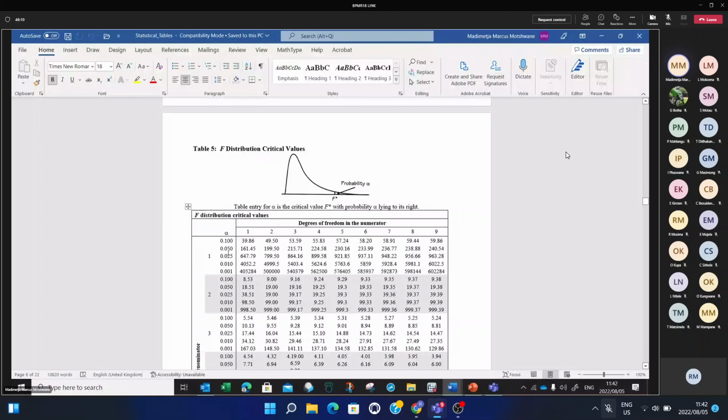And the denominator should come along this.